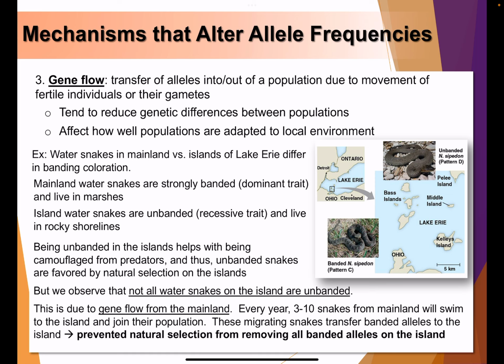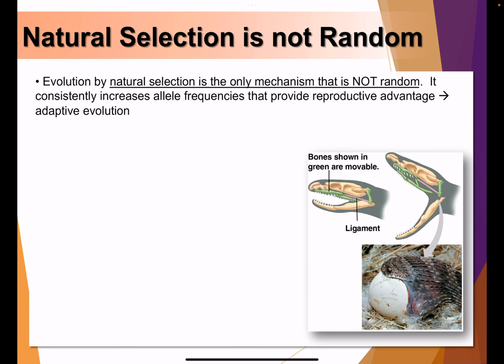In a sense, genes have flowed from the mainland onto the islands. In this particular case, it was the banded alleles that got introduced into the island population. That's what gene flow means.